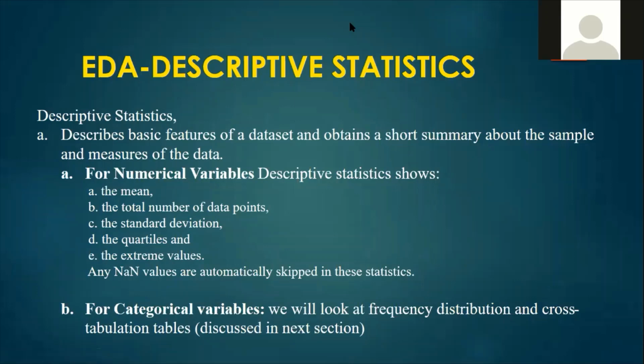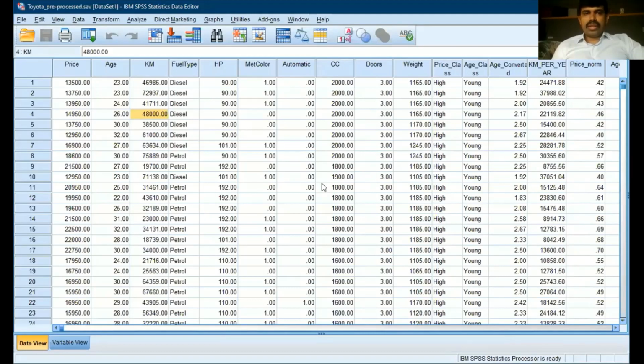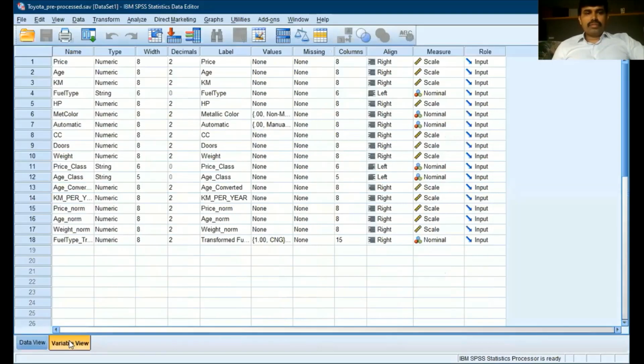So if we go to the new share, now remember the data sets have already been provided to you. Today morning I have sent you the new data set also. Now this is how the SPSS looks like. In the data view, you have got all the data, and when you go to the variable view, I have named all the labels.